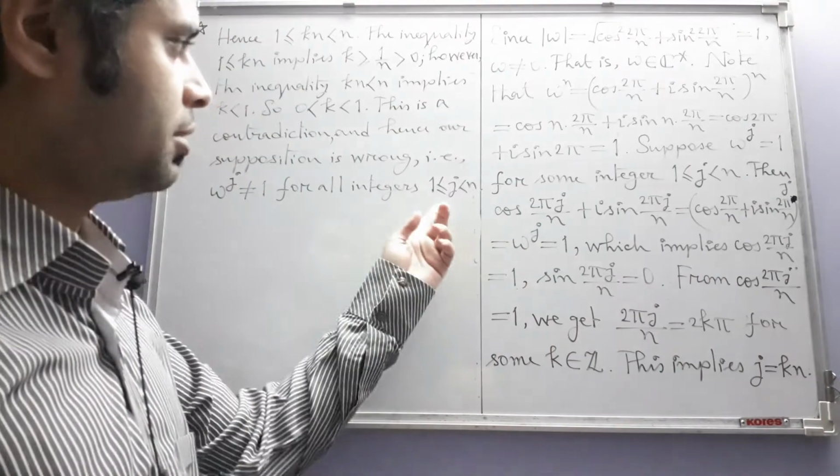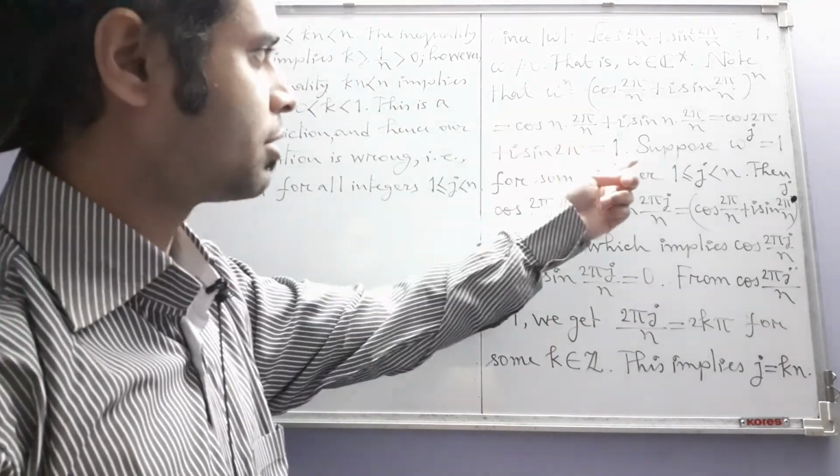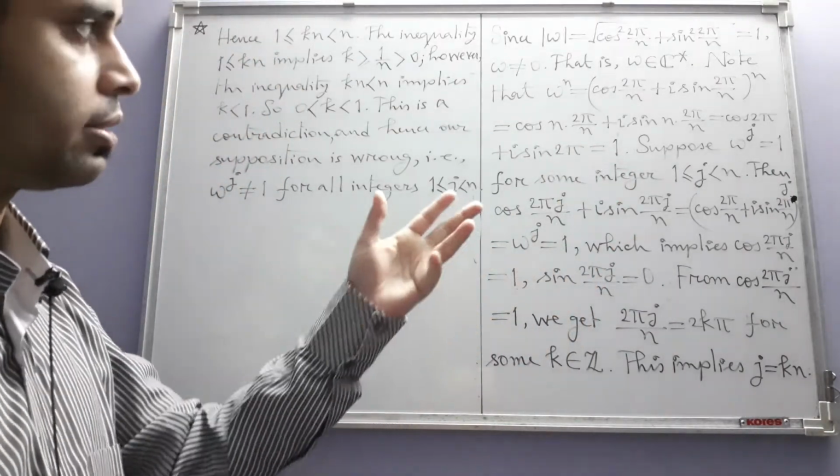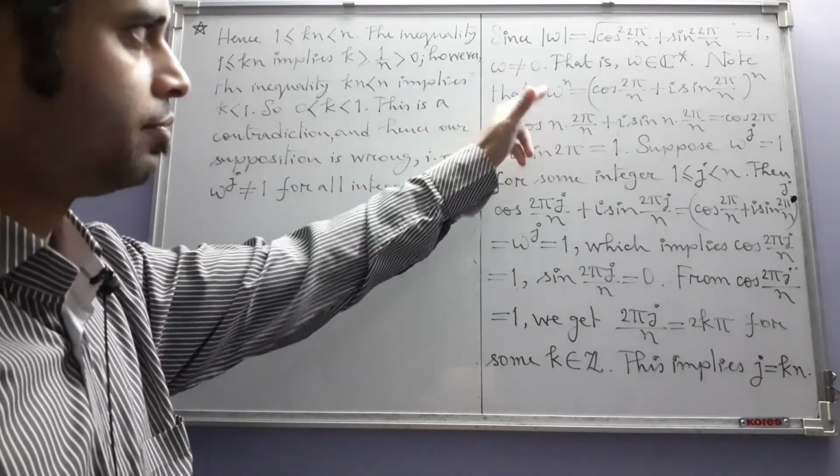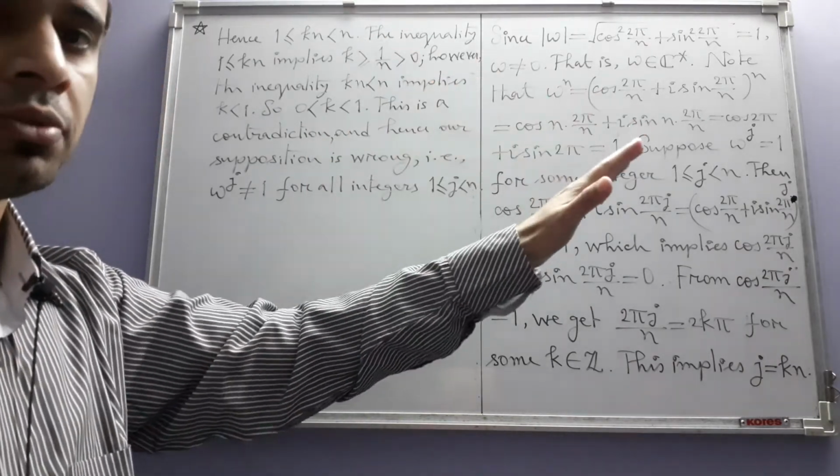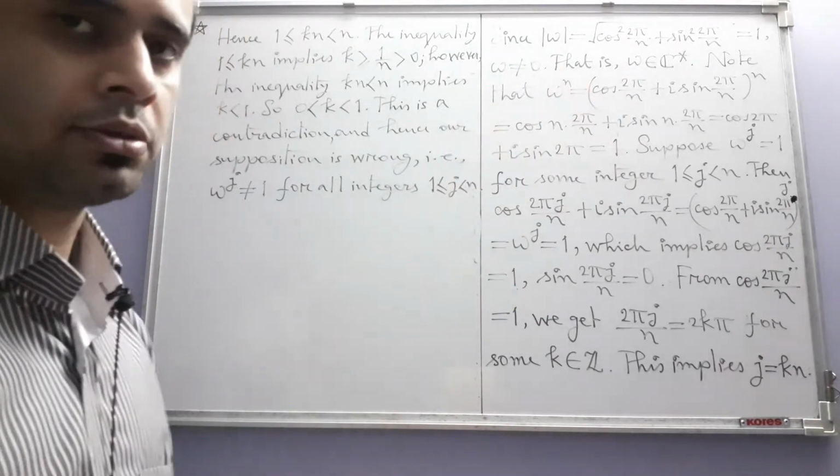Combined with the fact that this power is 1, it simply means that the order of omega in the multiplicative group of non-zero complex numbers is equal to n.